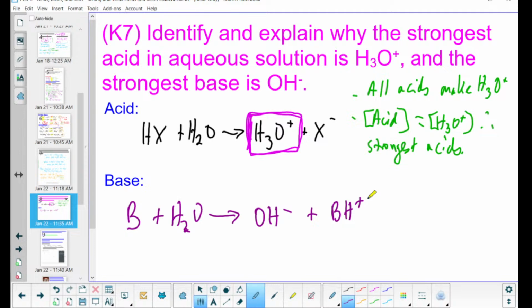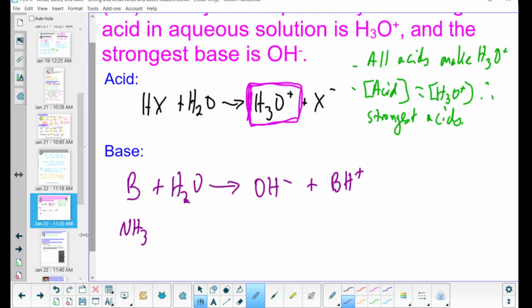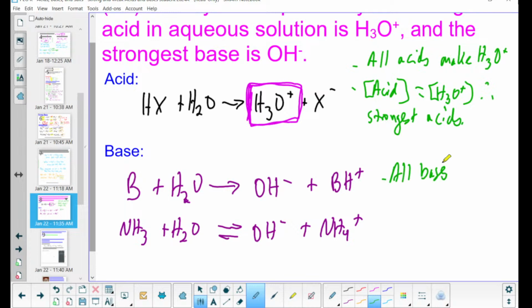This would be very similar to NH3. I think you've seen that type of reaction a lot more. NH3 plus H2O is an equilibrium that goes to OH- plus NH4+. That is the same reaction. If it was B-, then you get OH- and BH. Similarly, all bases produce hydroxide.